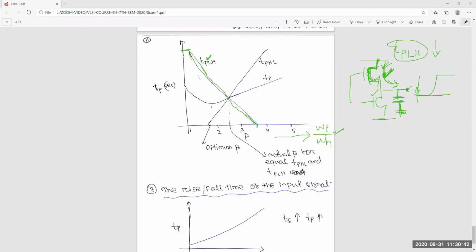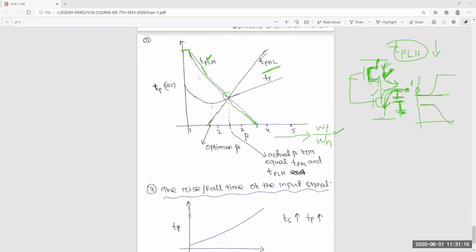So due to that, the capacitor will be more and more charged, so it will take more time to discharge. That means on the N side you can see that TPHL, high to low, suppose high is there, so it will discharge. It will take more time by increasing the beta.